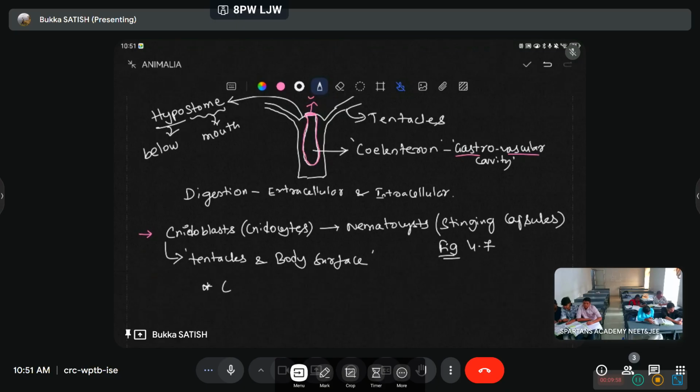Very important function, capture prey. They help in capturing the food. They'll be helping in the defense, right? And also help in anchorage functions. So basically, they are protective in nature, defense, and also they help in the anchorage.